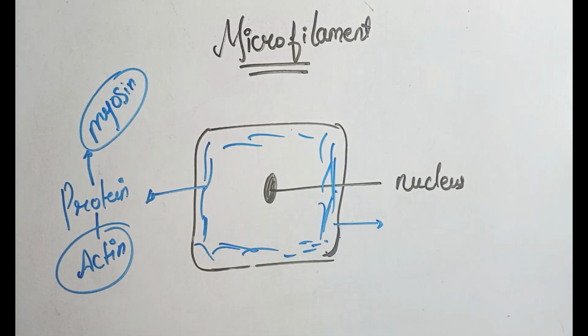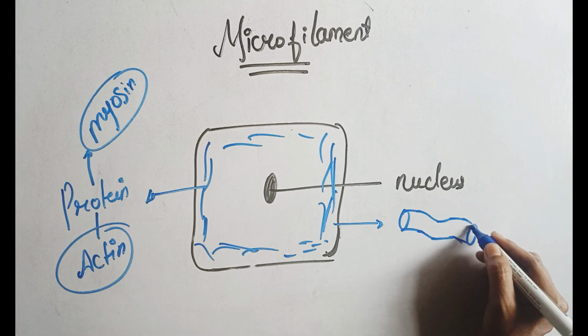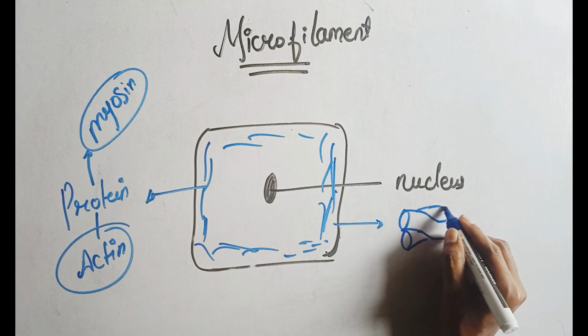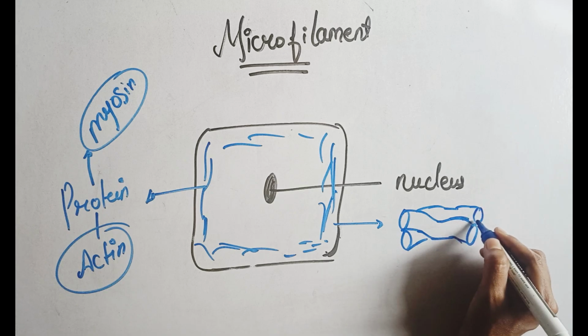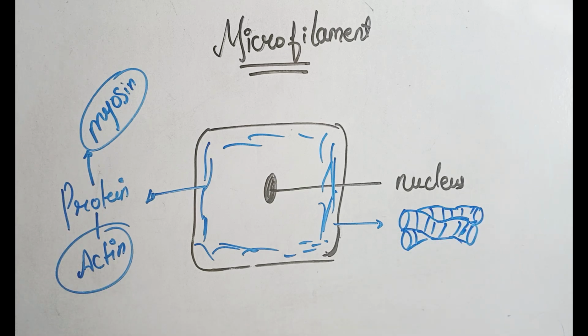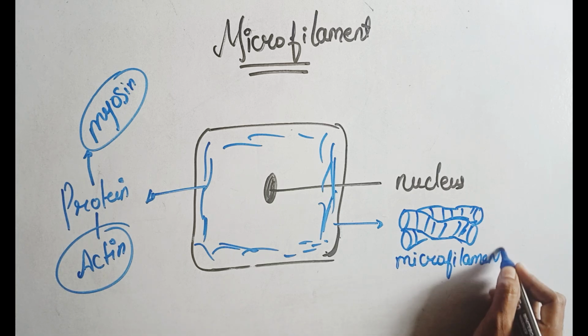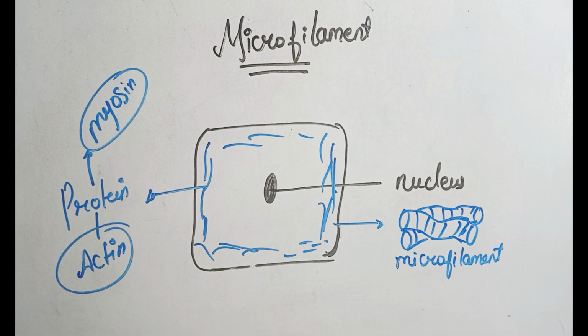As for the structure, the diameter of the microfilament is very small, and it is the thinnest element of the cytoskeleton. These microfilaments help in the formation or extension of the cell.